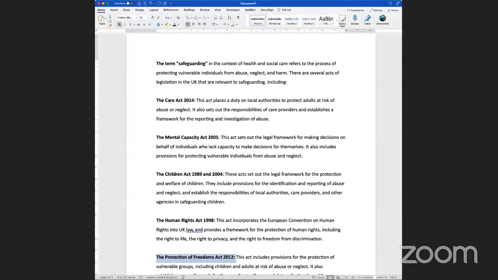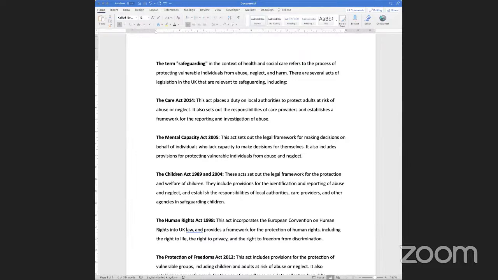Now, apart from this, if I look at going into some of the other important pieces of legislation, what we want to also look at is the Human Rights Act of 1998. So if I go into that and quickly switch over now so that we are able to see this bit as well with regards to safeguarding.